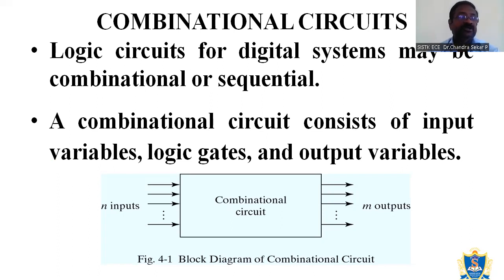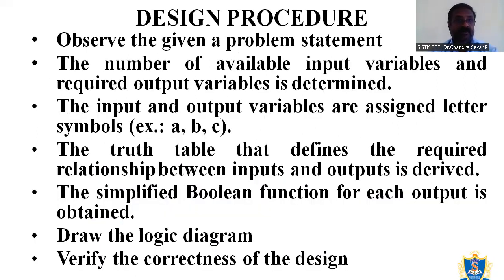The combinational circuit consists of logical input variables, logic gates, and output variables. It will have n inputs and m outputs. Depending upon the n inputs, which are the present inputs, the m outputs will be produced.